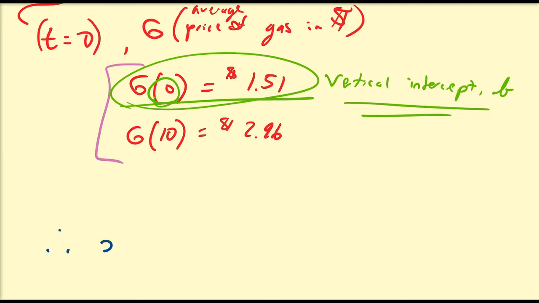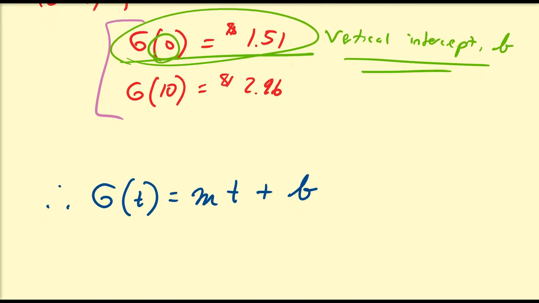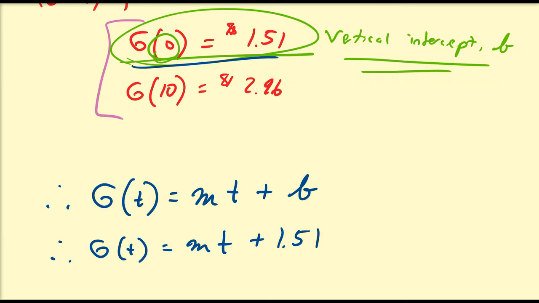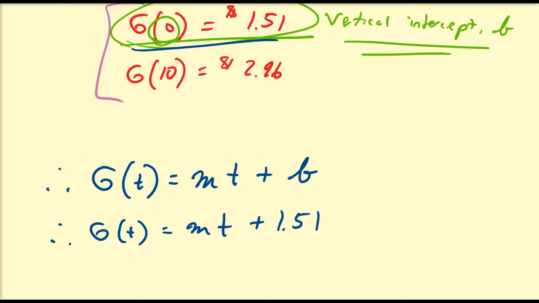That means our model g of t is going to be equal to mt plus b in general. But from this first piece of information, g of t must be equal to mt plus 1.51. So the only thing we need to find here is the value of m.